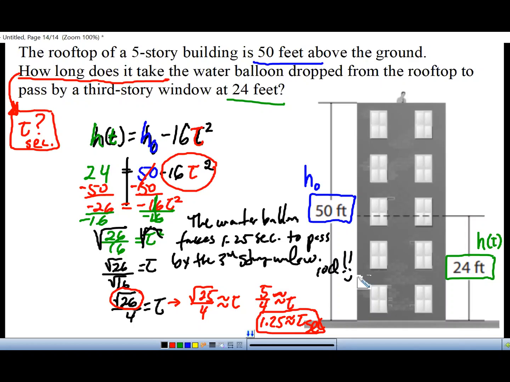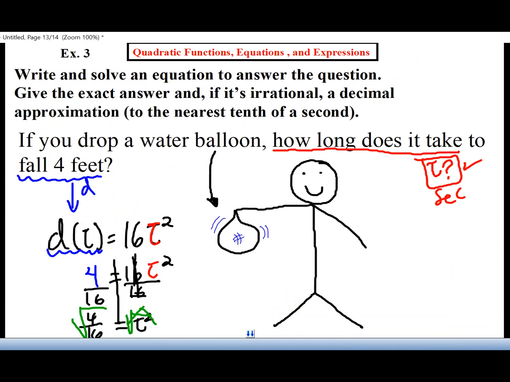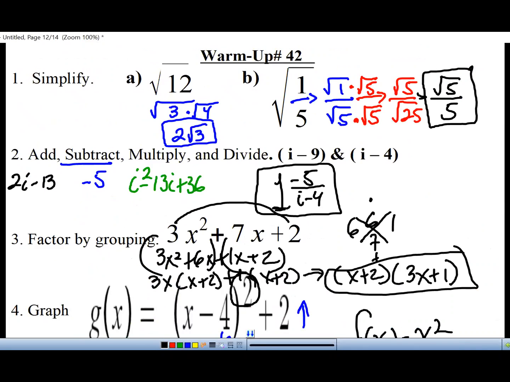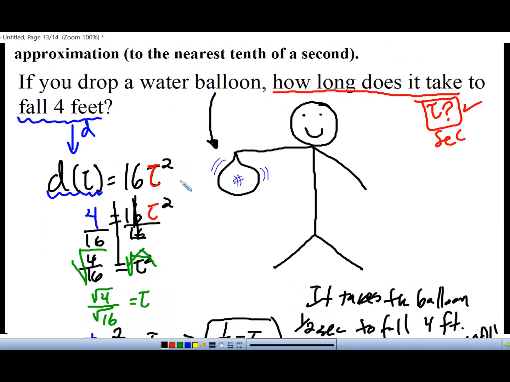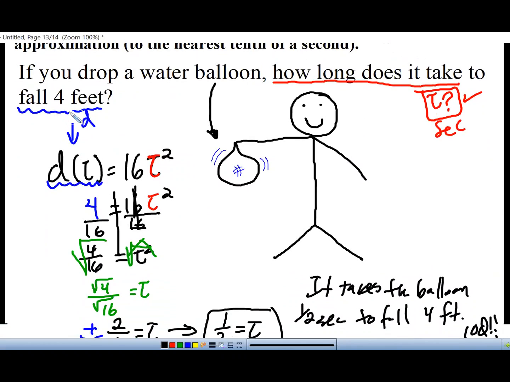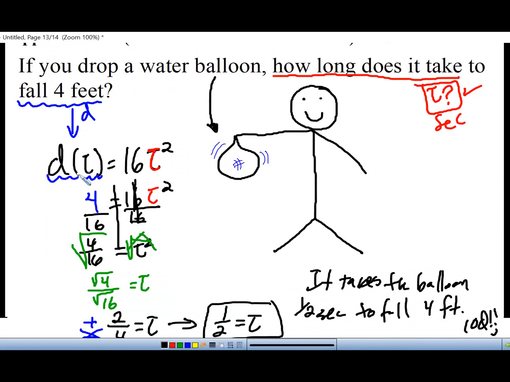Okay. So really quick, let's look at the two different types of problems that we've seen using those two equations. We have example 3, which was a problem involving a balloon, but notice they only gave us time and one distance. That's why we use this equation d of t equals 16t squared.